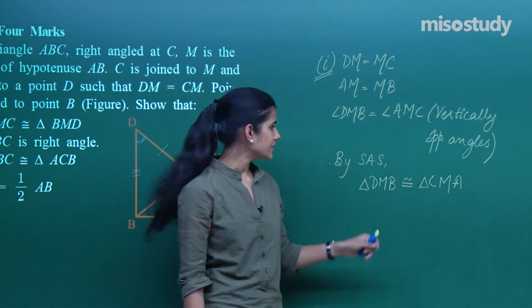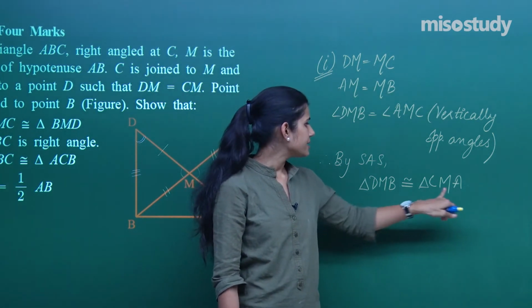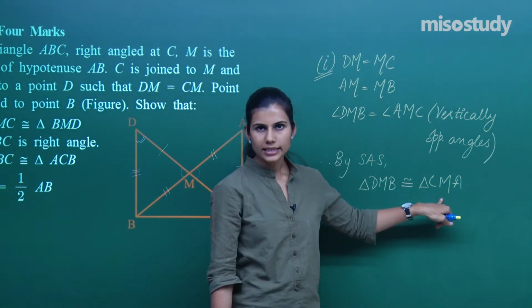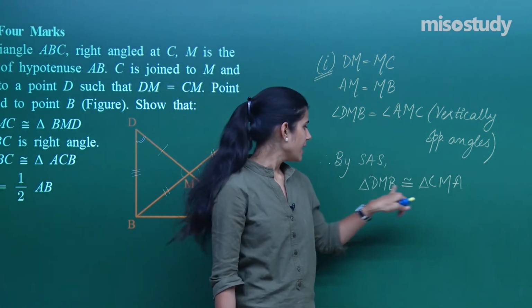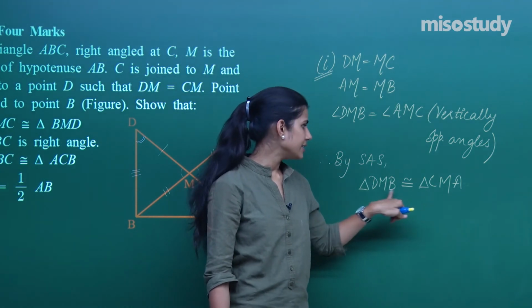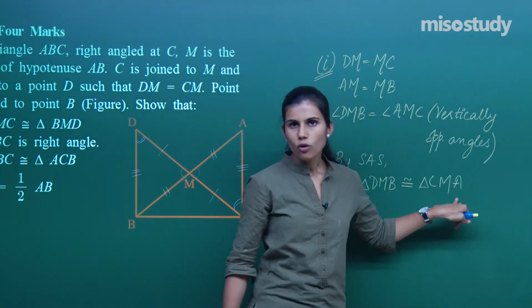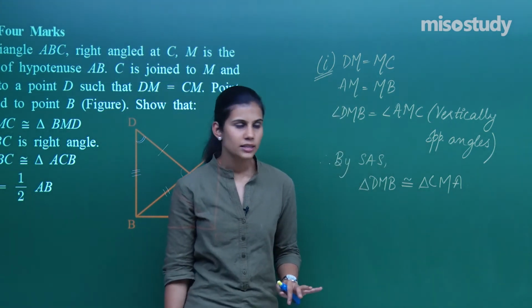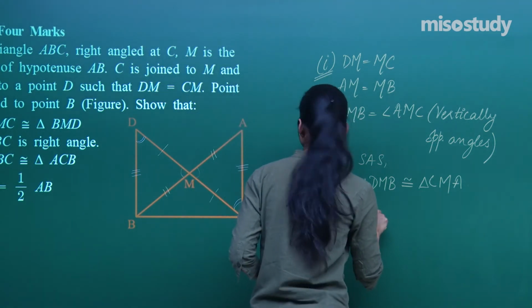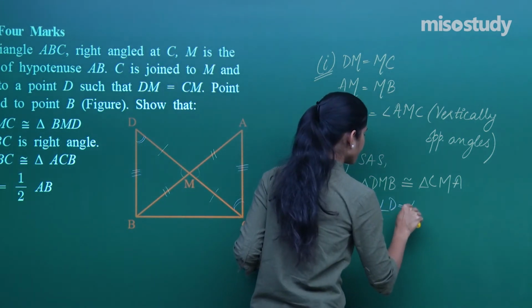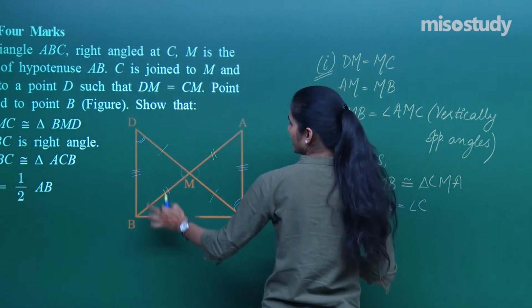Of course, we are going to get DM is equal to CM, MB is equal to MA, DB is equal to CA as three equalities related to the corresponding sides of these two triangles. Angle at D is equal to angle at C, angle at M is equal to angle at M, which we have already written. Angle at B is equal to angle at A. All these equalities we are going to get. But out of this, only two are important. One is angle at D is equal to angle at C. So I can write BDC.